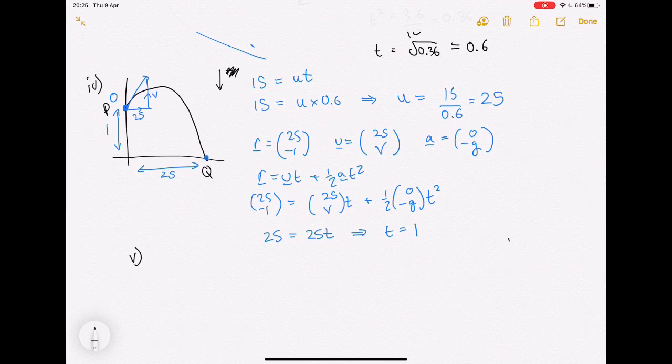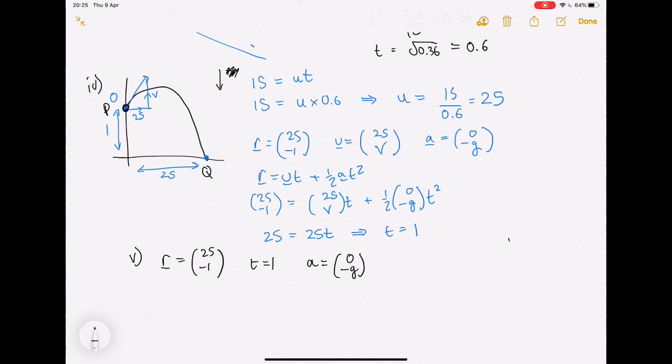If we're going to model the whole projectile, let's think about what we do know. We know r, that is 25 minus 1, taking this point here as the origin. We know t is 1, and we know a is 0 minus g.